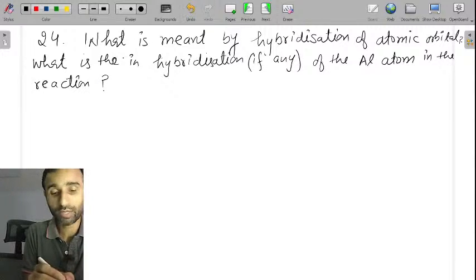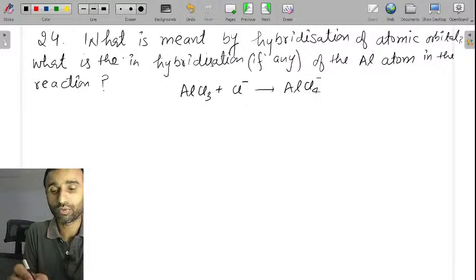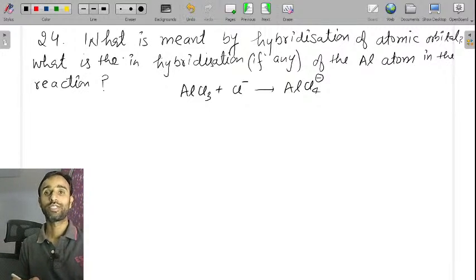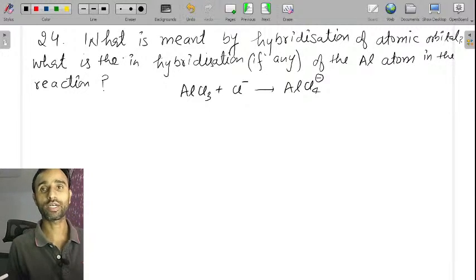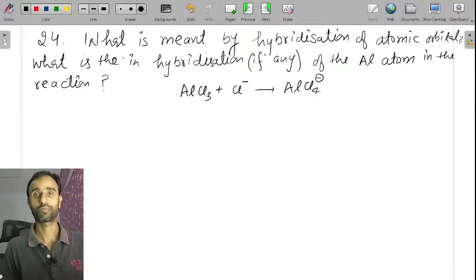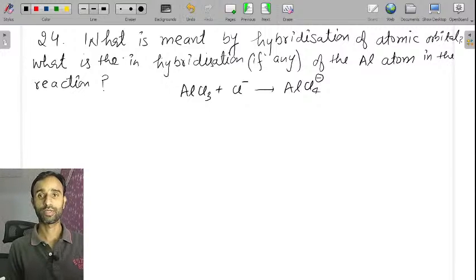So the reaction is AlCl3 plus Cl negative to give AlCl4 negative. Yes, so tell me, is there any change in hybridization?